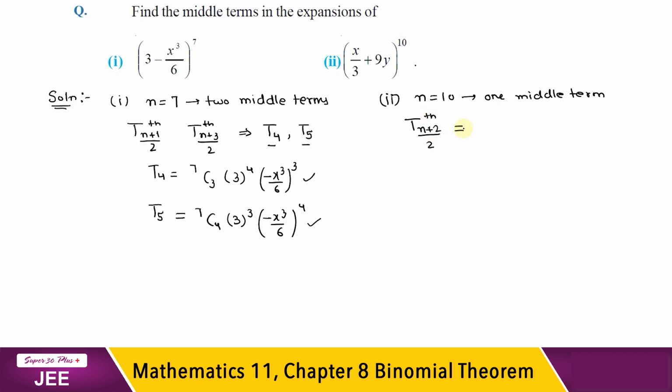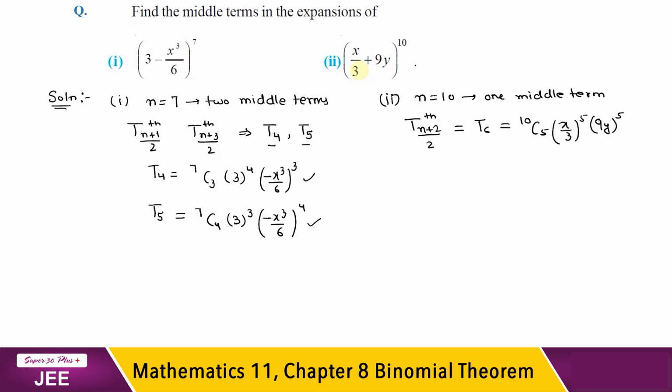So substitute n equal to 10, this becomes t6, and t6 will be written as 10c5 x by 3 whole raised to the power 5 and 9y whole raised to the power 5 again. So this is the middle term corresponding to the second part of the question. So these are simply based on the formula of middle terms. If you are comfortable with the formula of middle terms, then you will be able to sail through these questions.